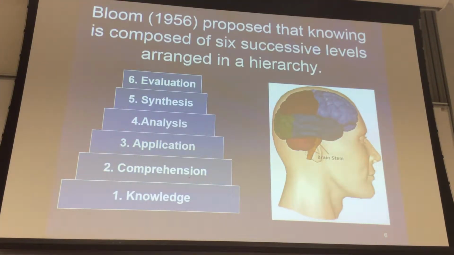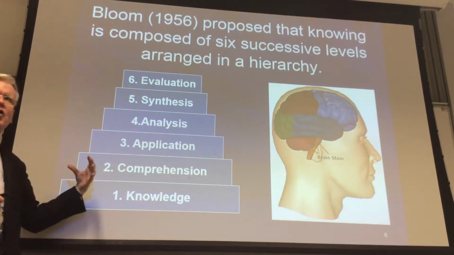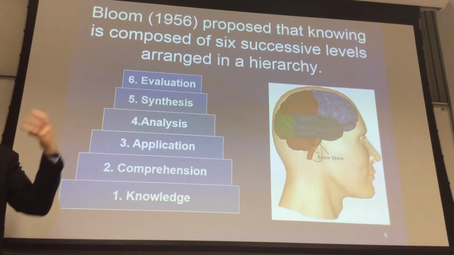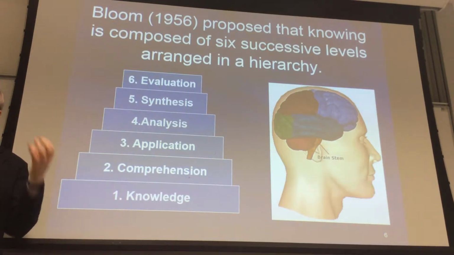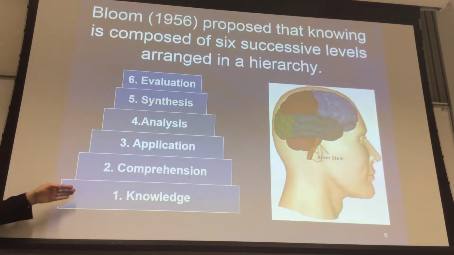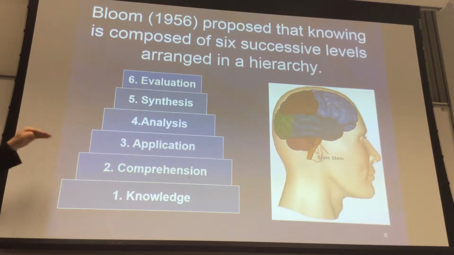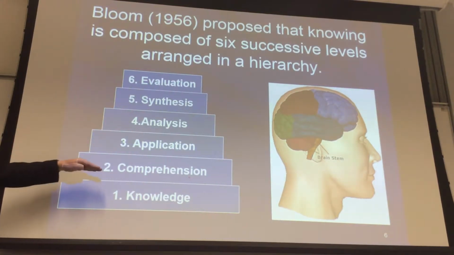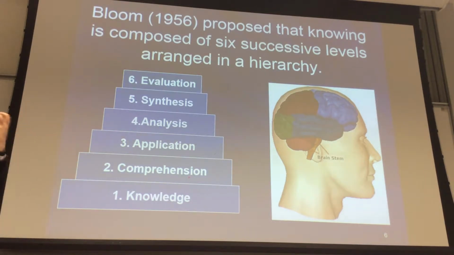What did he discuss in his PhD? He discussed what happens in our minds when we interact with new material, when we attempt to learn and understand new material. He proposed in his thesis that this is a process, that there are various levels of mastering a subject.